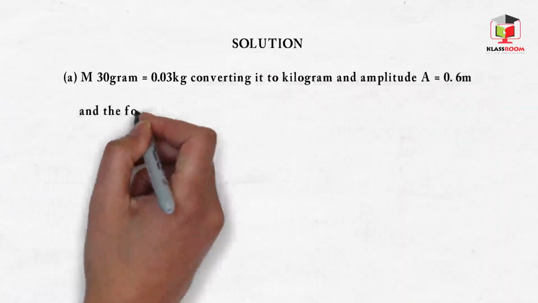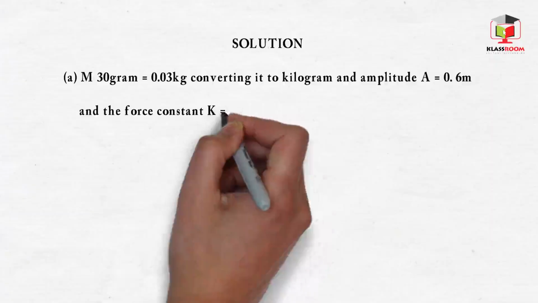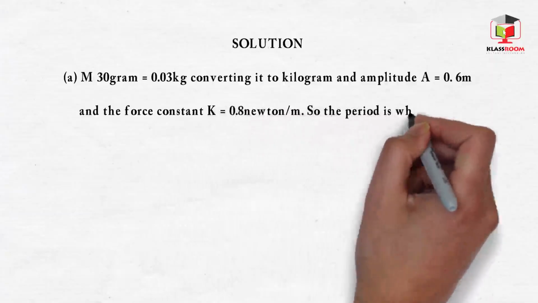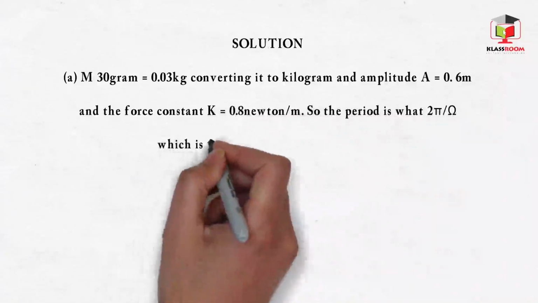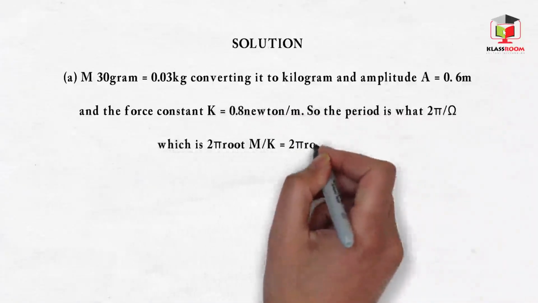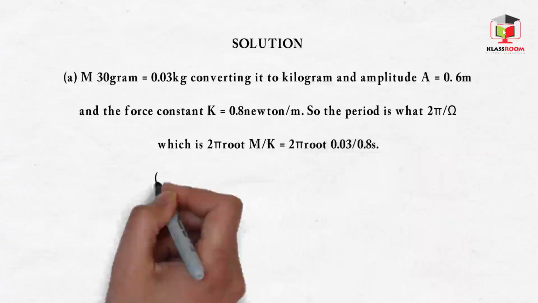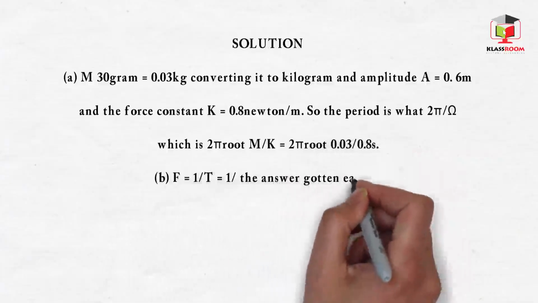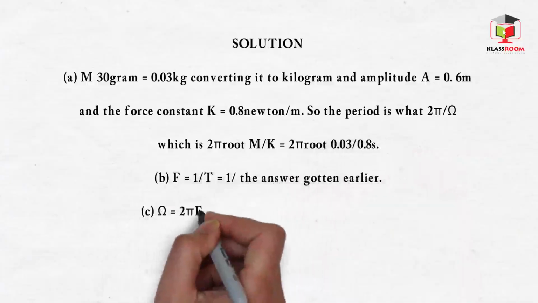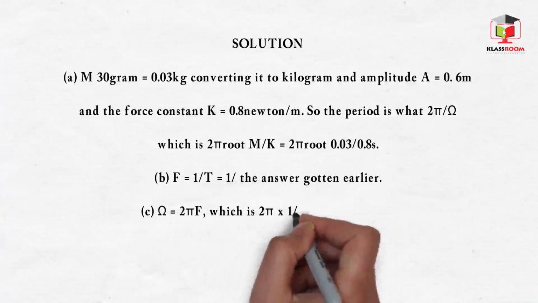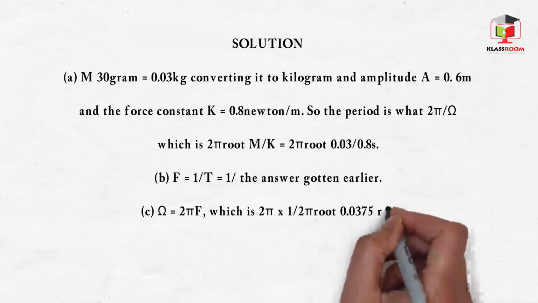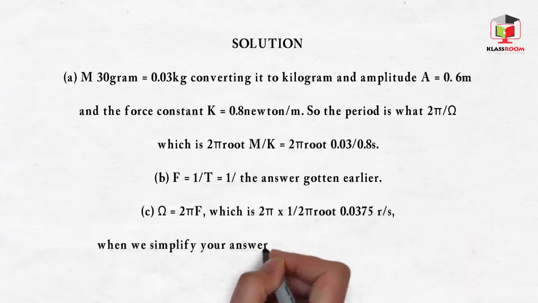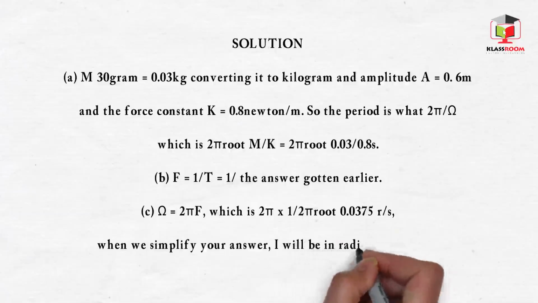So the period is equal to 2 pi over omega, which is 2 pi root m over k, which is equal to 2 pi root 0.03 over 0.8 seconds. (b) f equals 1 over T, which is equal to 1 over the answer gotten earlier. (c) omega is equal to 2 pi f, which is 2 pi times 1 over 2 pi root 0.0375 radians per second. When we simplify, your answer will be in radians per second.